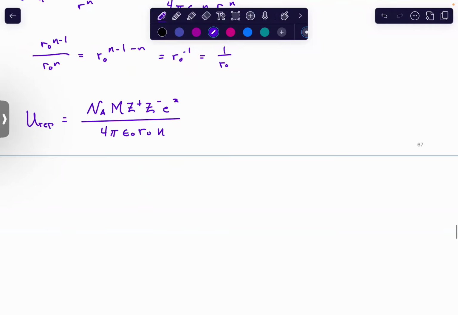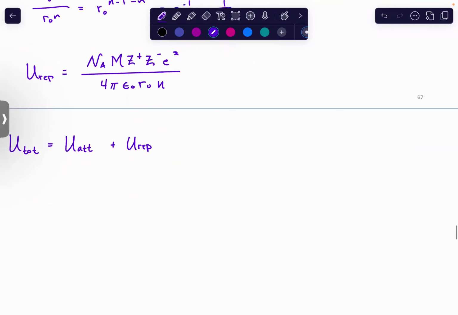Okay, now we go back to our total internal energy, where that's our attractive energy plus our repulsive energy. That first one, remember, is our negative.